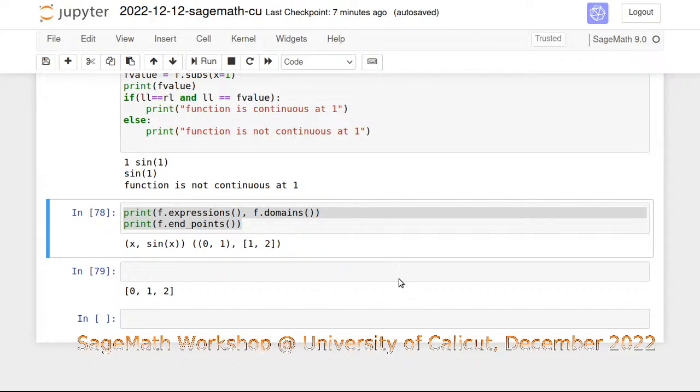Done. Yes, please try these commands once, and after that we will go to one more idea about this piecewise function.